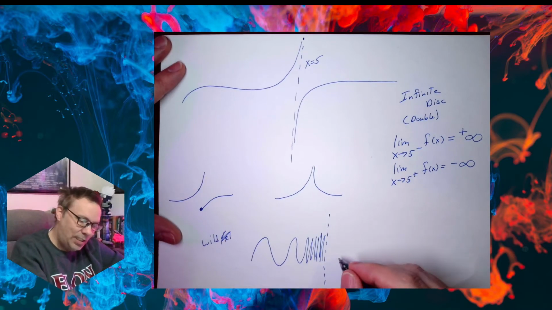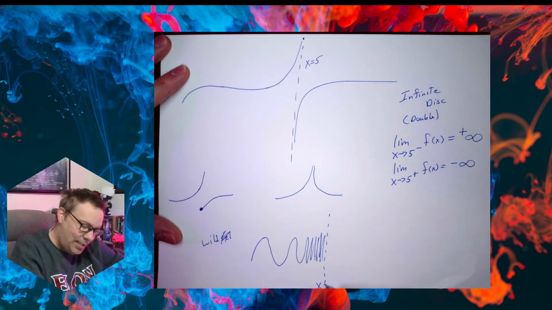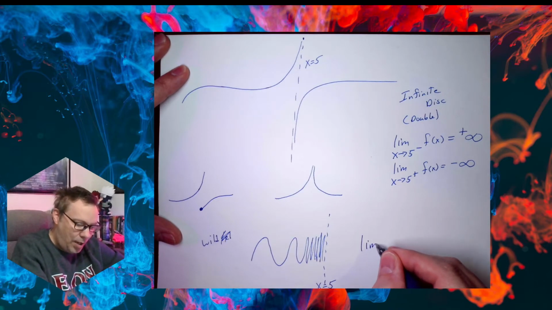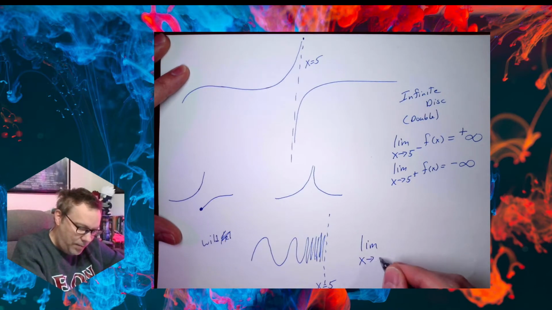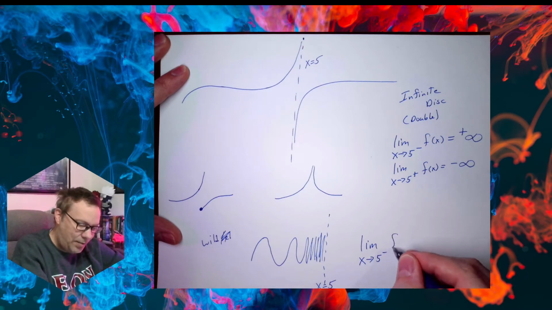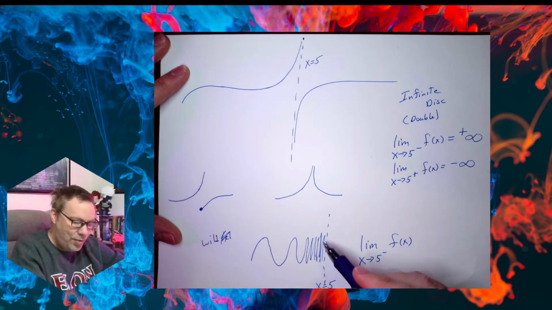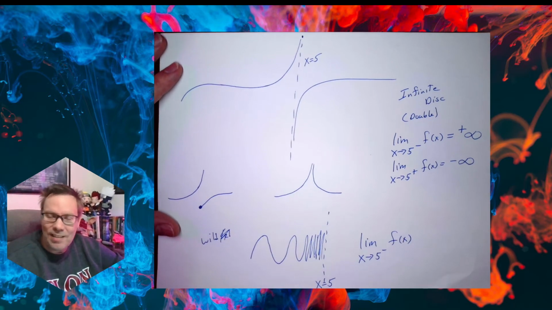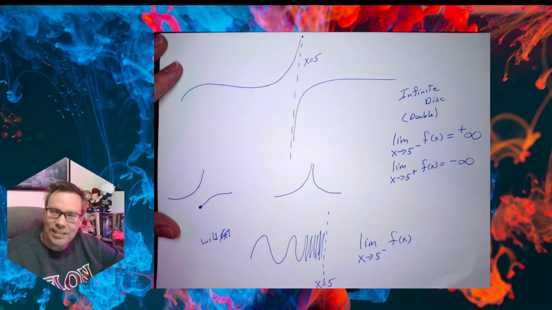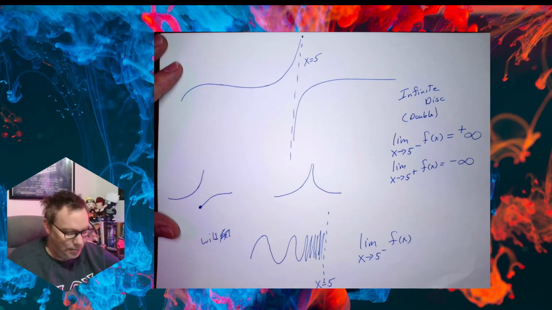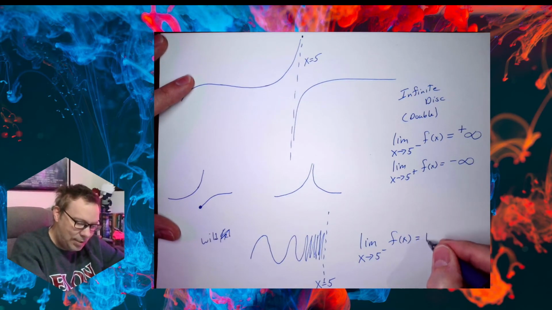This one, let's say this is x equals 5. The problem is that if I go to 5 from the left of this function, there's no specific place that it is getting close to. It is oscillating up and down drastically. This is a does not exist.